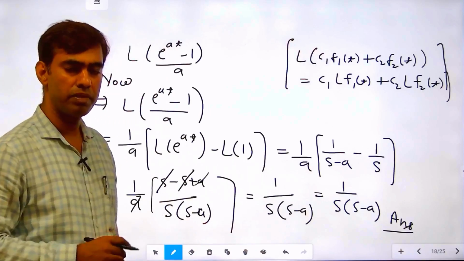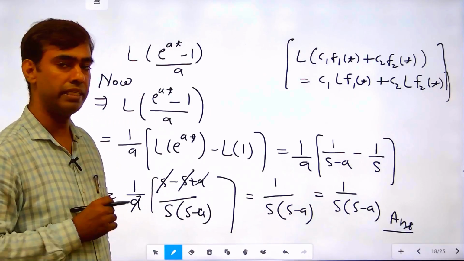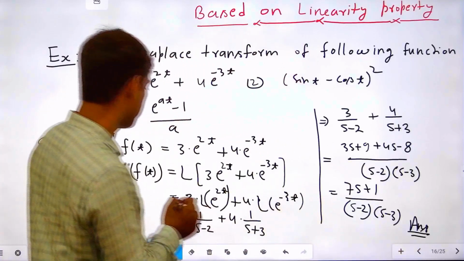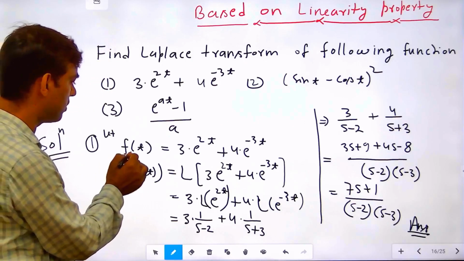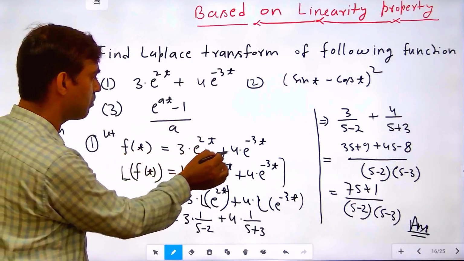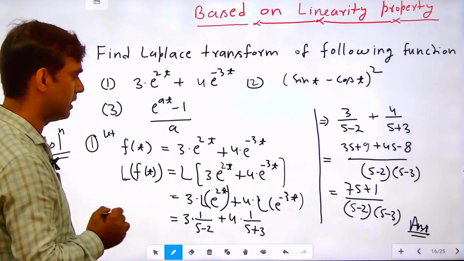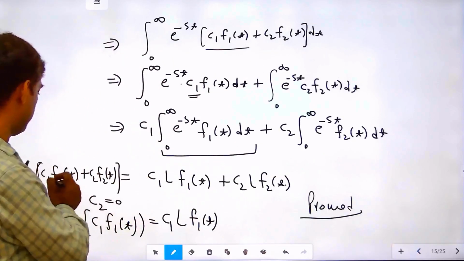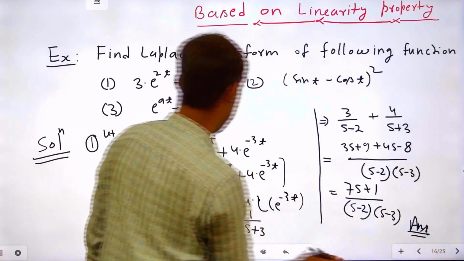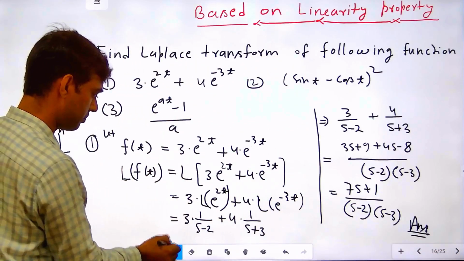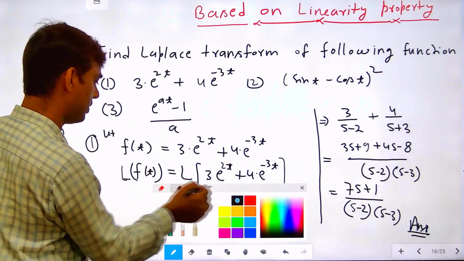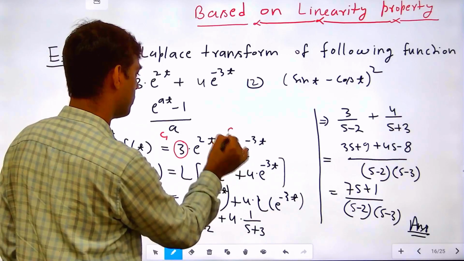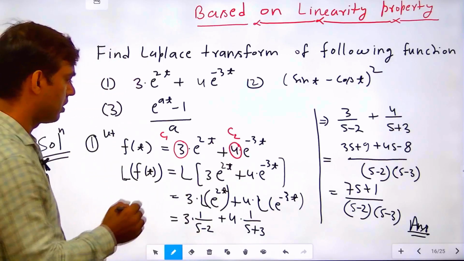These three problems are based on the linearity property. Why? Because in the first question, if we closely observe, f of t equals 3 into e to power 2t plus 4 into e to power minus 3t. If we compare with the linearity property, C1 is 3 and C2 is 4.